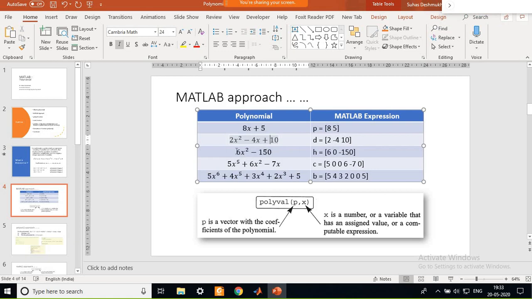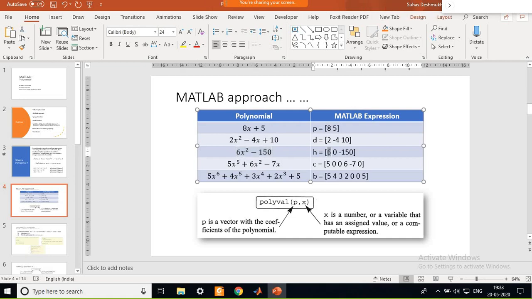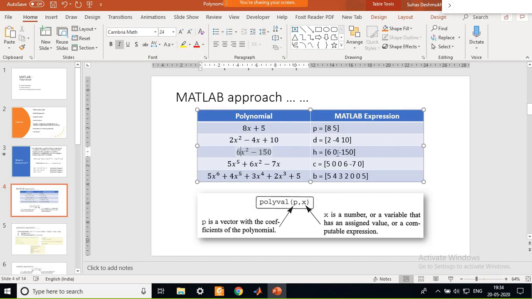Similarly, if you look at the third equation, that is 2x squared plus 1, you need to just drop down the power of each element. It starts with x raised to 2, x raised to 1 and x raised to 0. So here 3 elements will come. First, x raised to 2 has a coefficient 2, x raised to 1 has a coefficient 0, and I can write it as plus 0 x raised to 1.